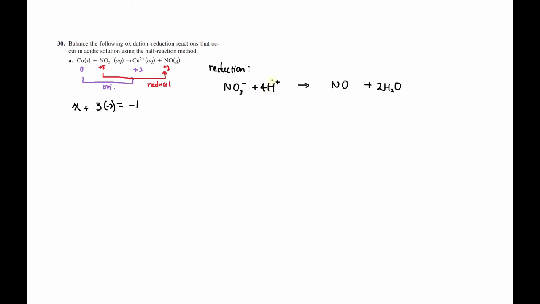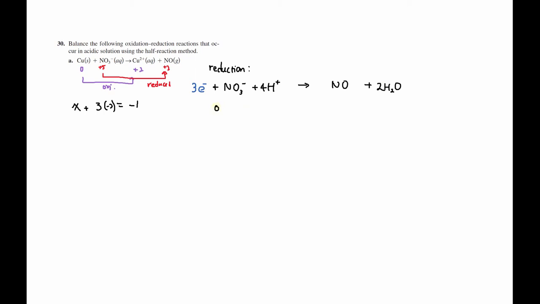And then we have to balance out the charge. So here I have a net charge of +3, because 4 plus and then 1 minus. Over the product side, we don't have any charge. Therefore, I need to introduce 3 electrons. And for now, this half reaction is balanced.